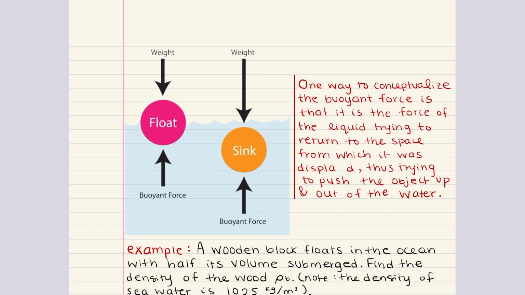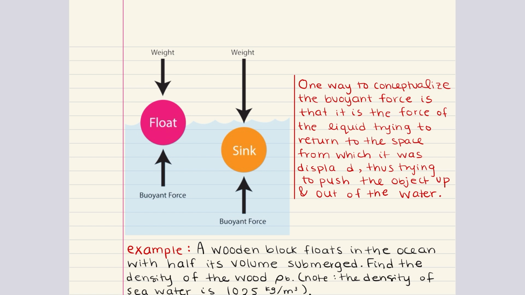On the other hand, if the object's density is greater than that of the fluid, it will sink. In this case, even when the object is fully submerged, the volume of fluid displaced does not generate a buoyant force that's sufficient to counterbalance the object's weight.